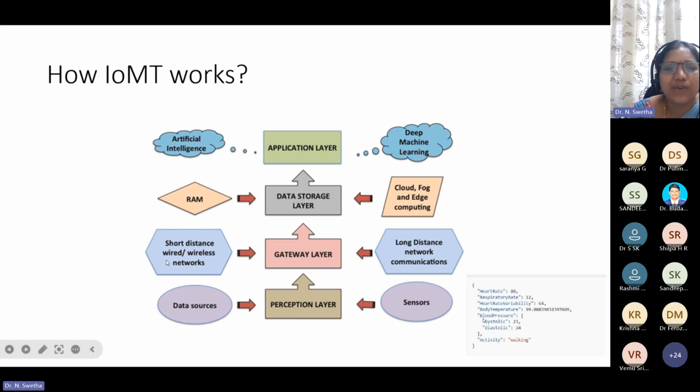Otherwise, earlier we used to use communications, either long range or short range communication, and then transmit the data. Coming to the data storage, this is again a very big challenge, especially in industries. You have a lot of data. I gave an example, right?